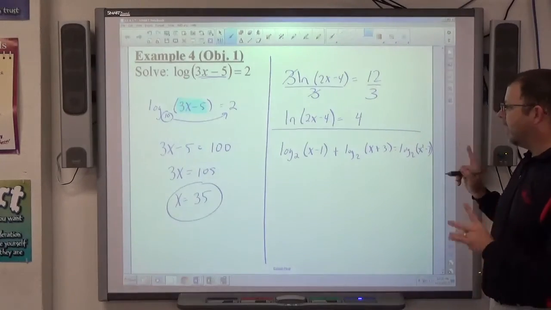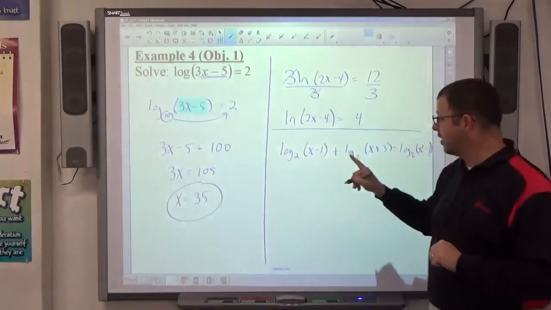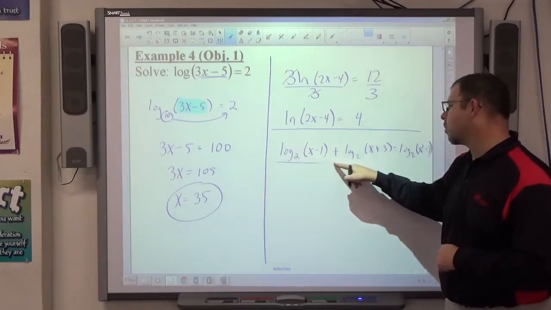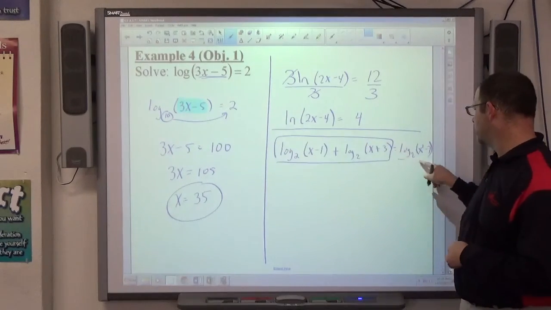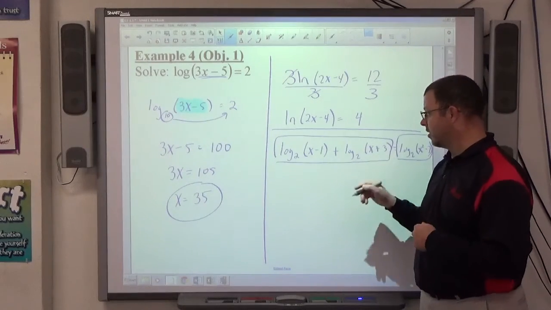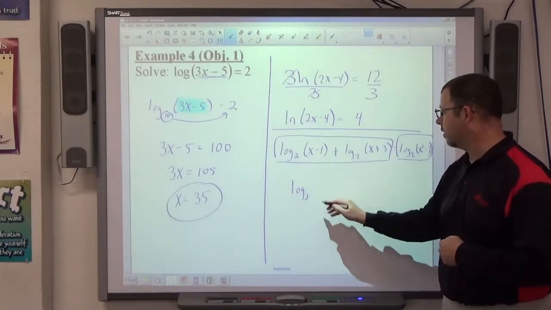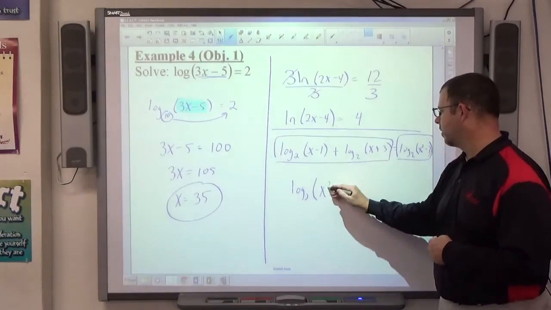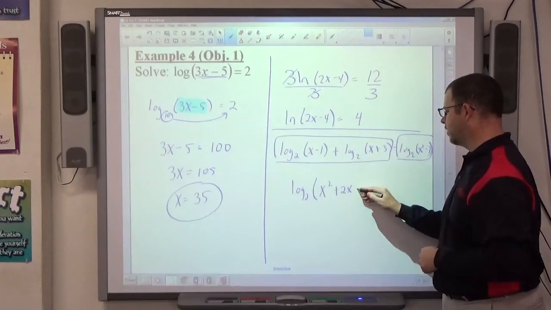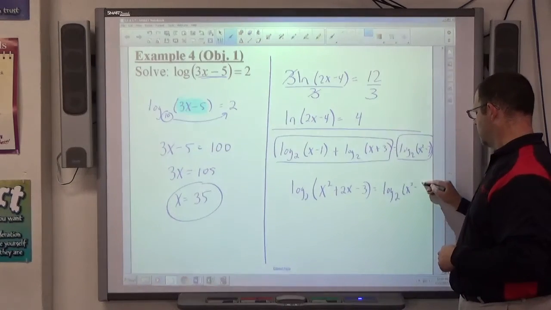If we have log equals numbers, just change to exponential form. You're ready to go. If it's log equals log, first off, you want to get a single logarithmic expression on one side and a single logarithmic expression on the other side. Laws of logarithms apply here. So if I'm adding logarithms, I'm going to get log base 2 of the product of these two things, which is x squared. 3x minus 1x is going to be plus 2x, and then negative 1 times 3 is negative 3.